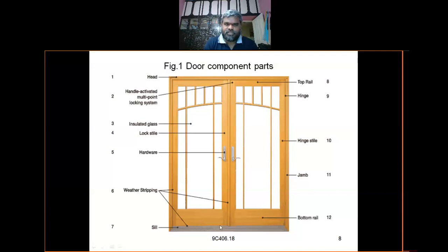The bottom of the horizontal portion is called the sill. Then top rail, hinge, hinge style. The vertical member is called the jamb. Then bottom rail, middle rail, top rail, sill. These are some component parts of a door.